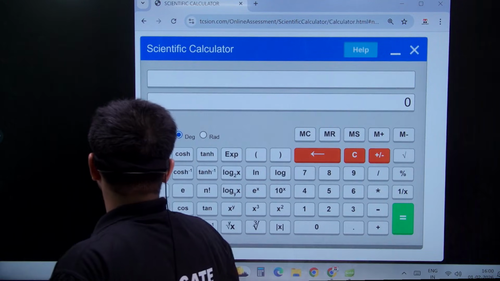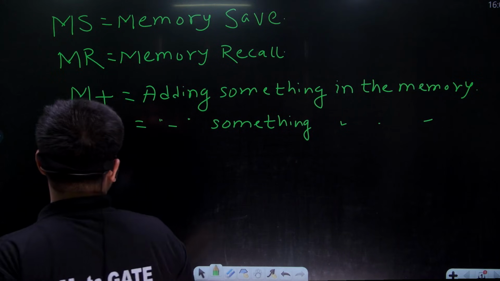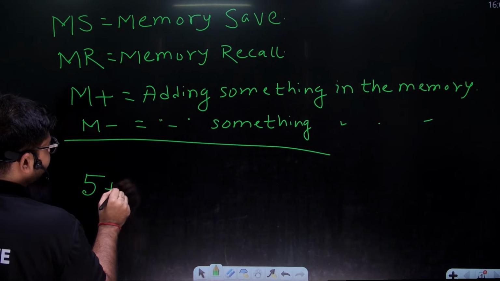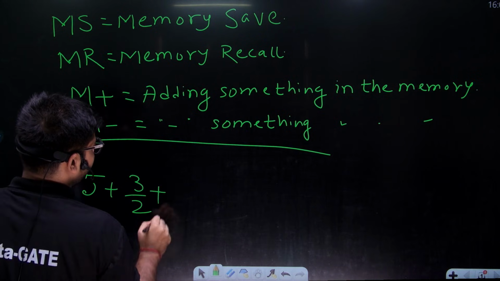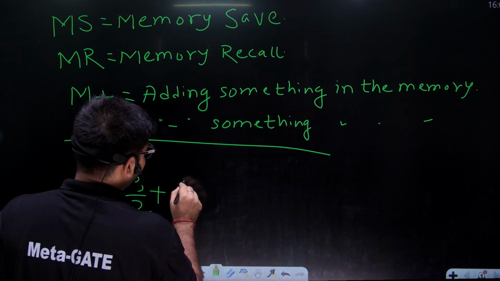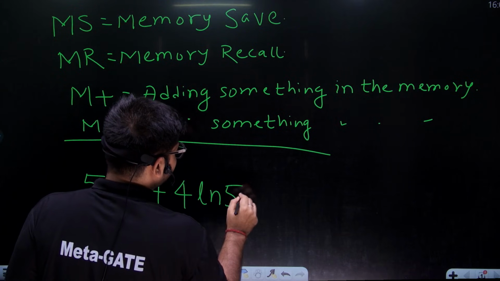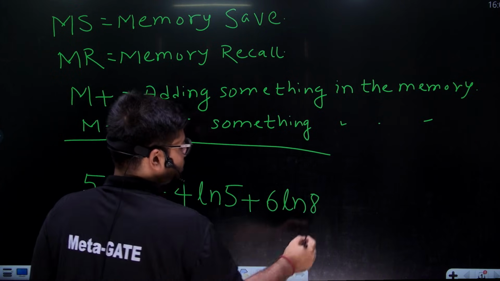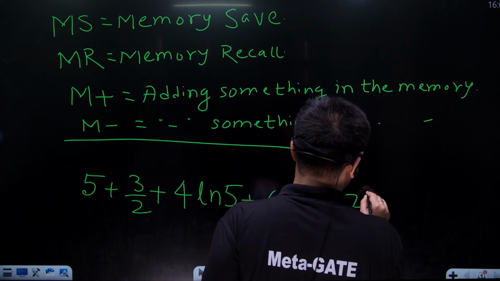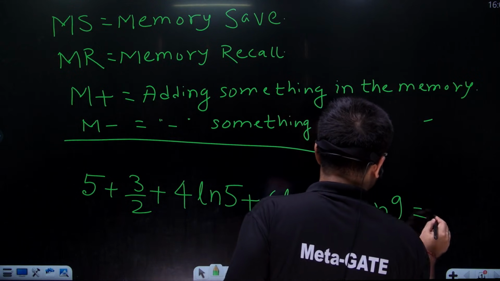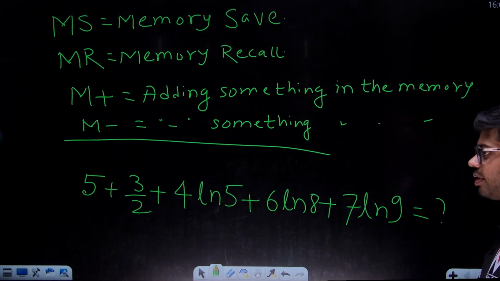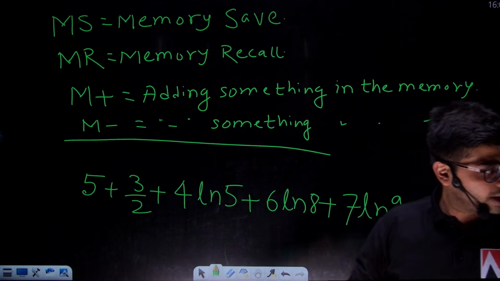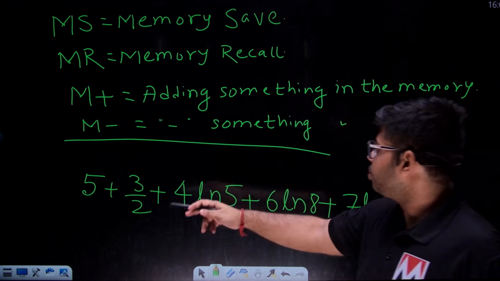Say for example, I give you 5 plus 3 by 2 plus 4 ln 5 plus 6 ln 8 plus 7 ln 9. So this I want to calculate. If I want to calculate this, how to calculate this? So we will see this.